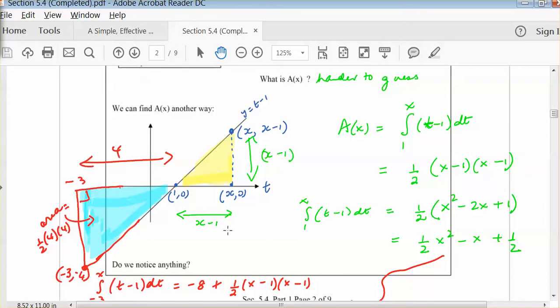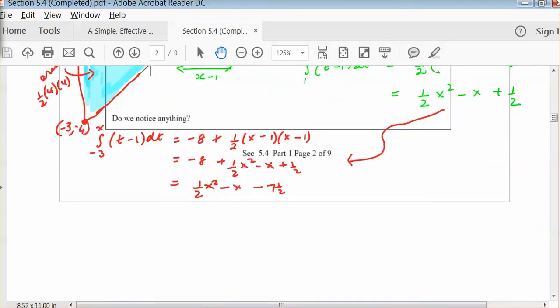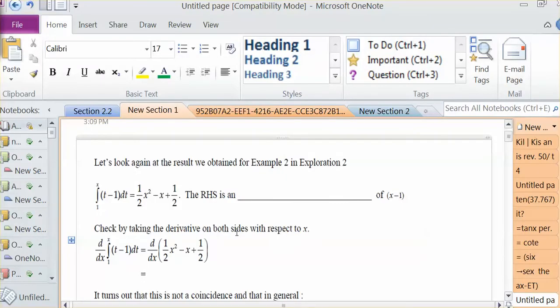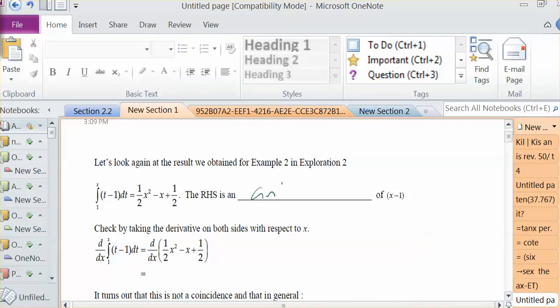So now we'll go to page 3 of the notes, and we can deduce that the integral from 1 to x of t minus 1 times dt, which is of course our area function, is just going to be half x squared minus x plus half. The right-hand side of that equation is going to be the antiderivative of x minus 1.